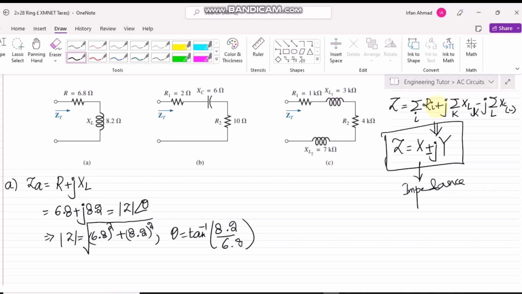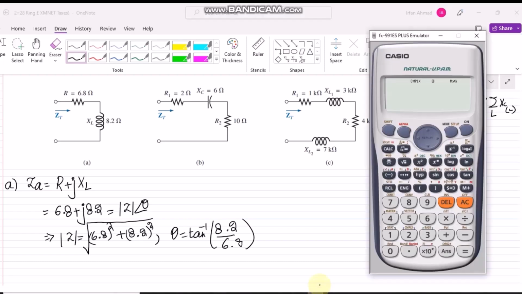Instead of this we are going to use the calculator trick here. In calculating it, let me first use this mode button, and in mode I am going to select 2, which is the complex mode. In the complex mode, first of all, let me write my values which are given here in the rectangular form.